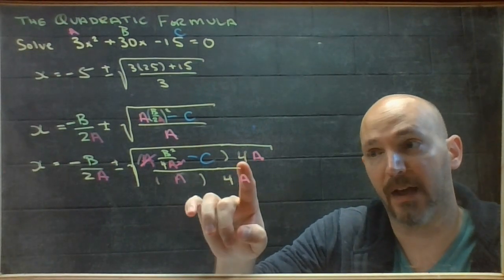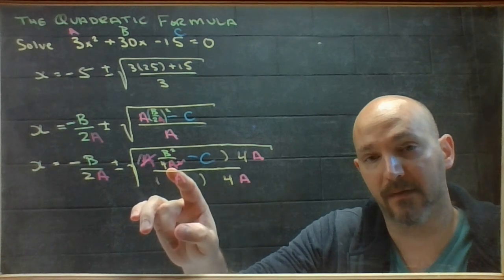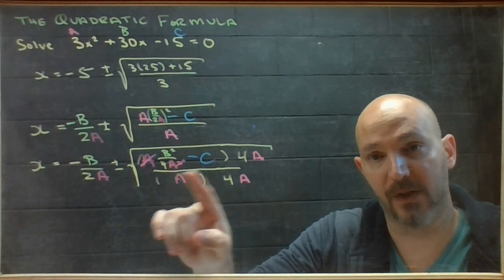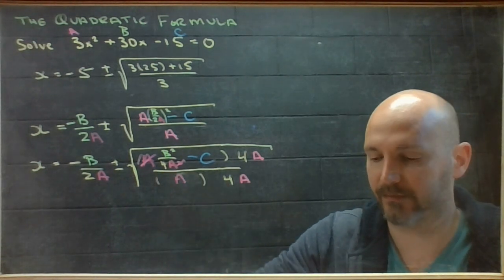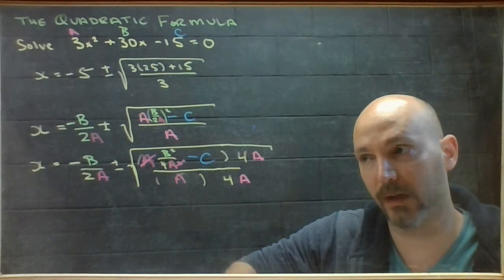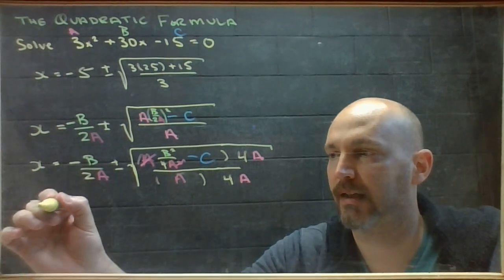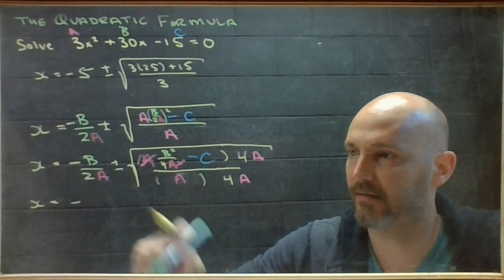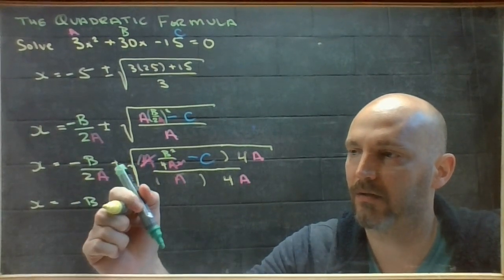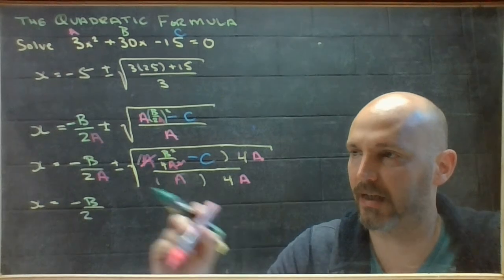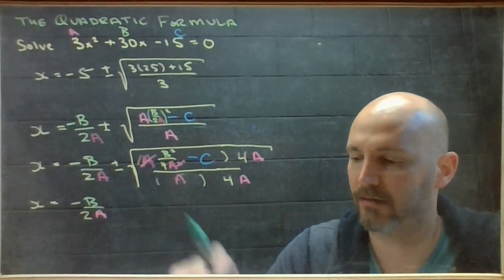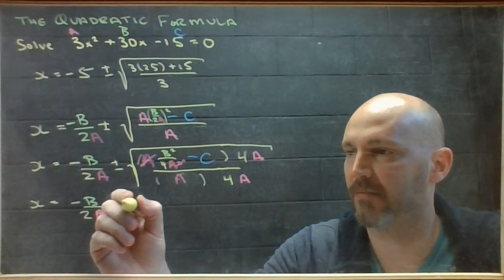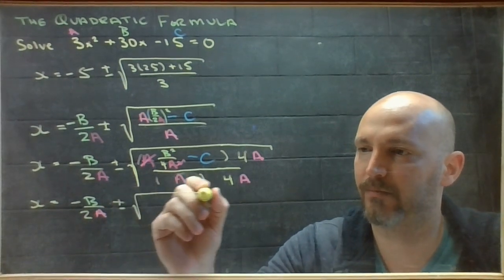Now, if I do that, 4a times 4a in the denominator, those are going to cancel each other out. So if I rewrite this whole line again, x equals minus b over 2a plus minus the square root.